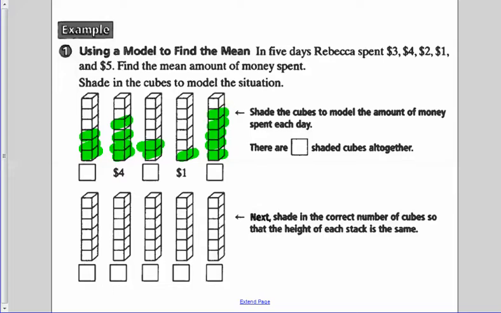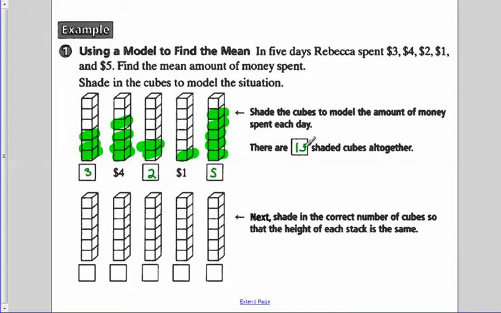So if I look at this, again, it's 3, 4, 2, 1, and 5. Total, I've shaded 15 cubes. But now to find the mean of the amount of money spent, that would be like saying I want every column to have the same number shaded. Here's one that's 3, one that's more than 3, one less than 3, much less than 3, and much greater than 3.